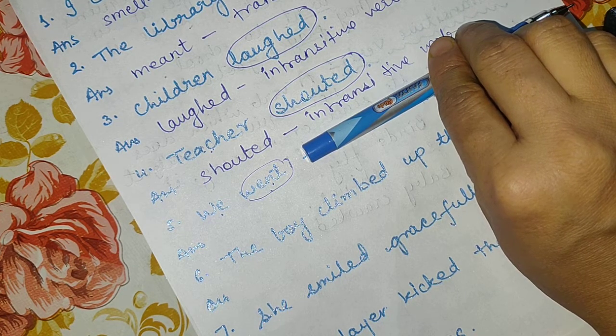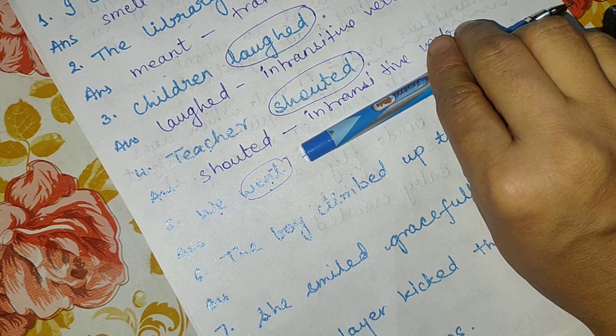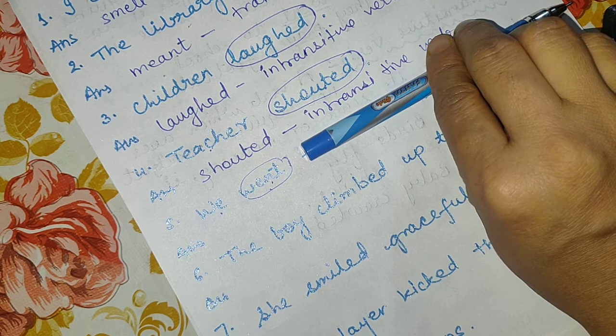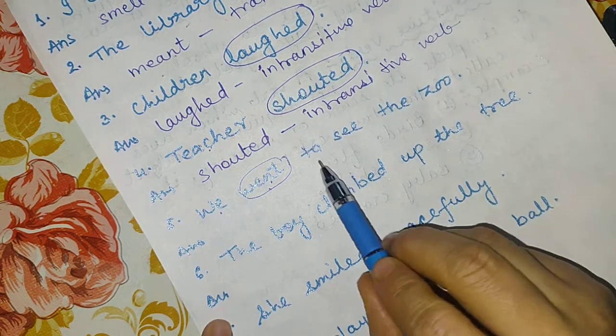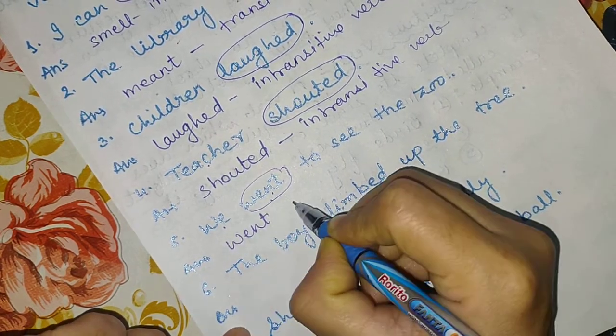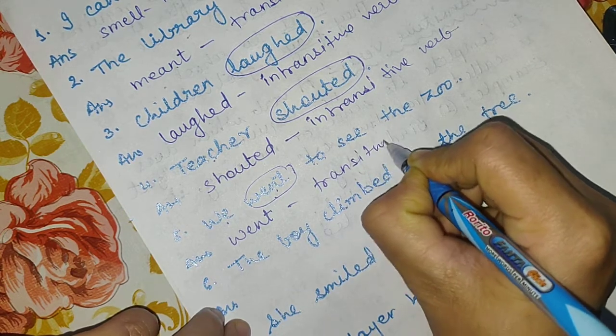So we need to know the place. We went where? So another question is arising. So I added: to see the zoo. So that means that went is a verb which needs an object. So it is a transitive verb.